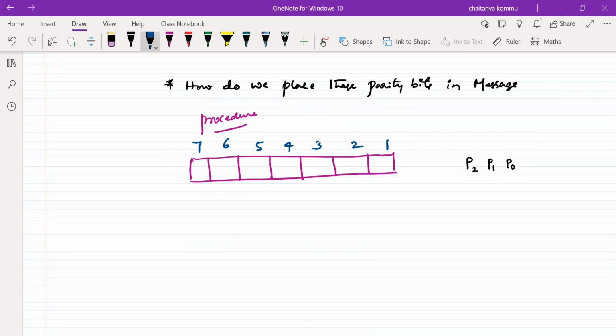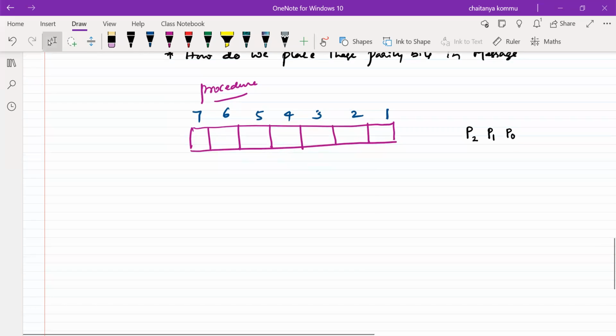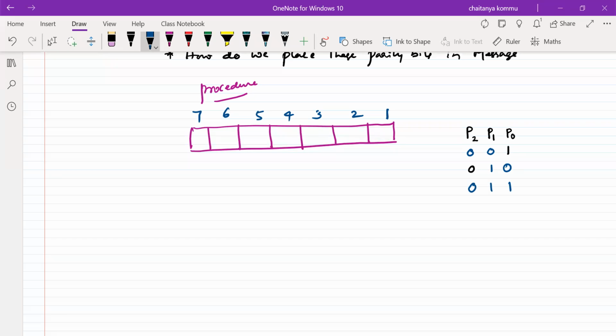If you have three lines, how many possible combinations can I have? 8 possible combinations: 0 0 0, 0 0 1, 0 1 0, 0 1 1, 1 0 0, 1 0 1, 1 1 0, 1 1 1. This is the parity information, right?